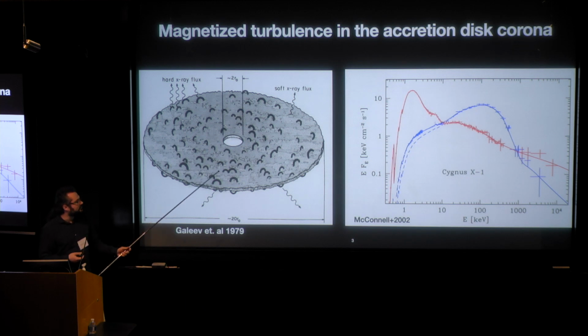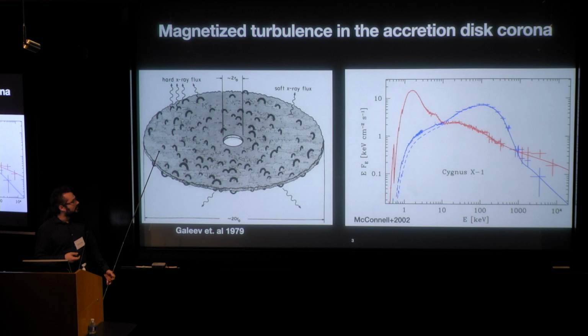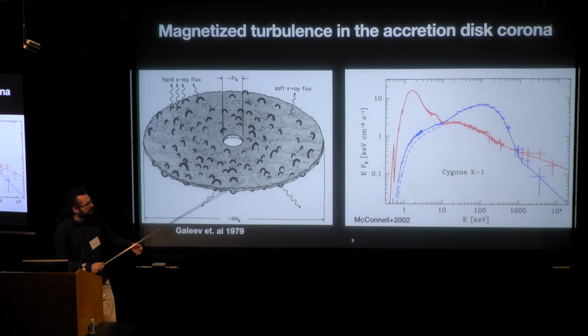And we are very interested in those processes because this will get us a better understanding of the physics of the accretion flow, because we only see spectra, but we don't actually know what's happening there.